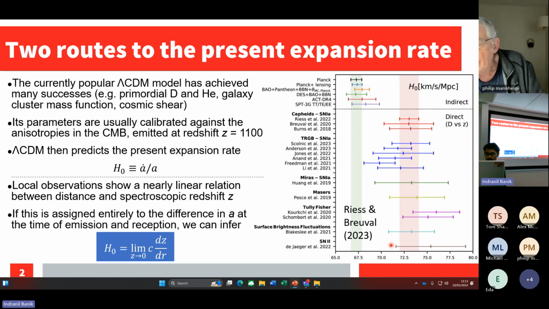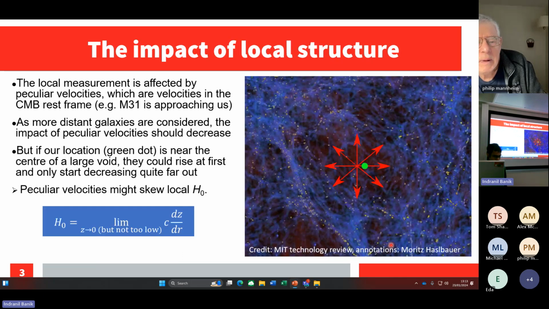Now, one important thing to understand is the impact of local structure on the Hubble constant measurements in the local universe. Essentially, the local measurement is sensitive to nearby structures. For example, the Andromeda Galaxy is approaching us.